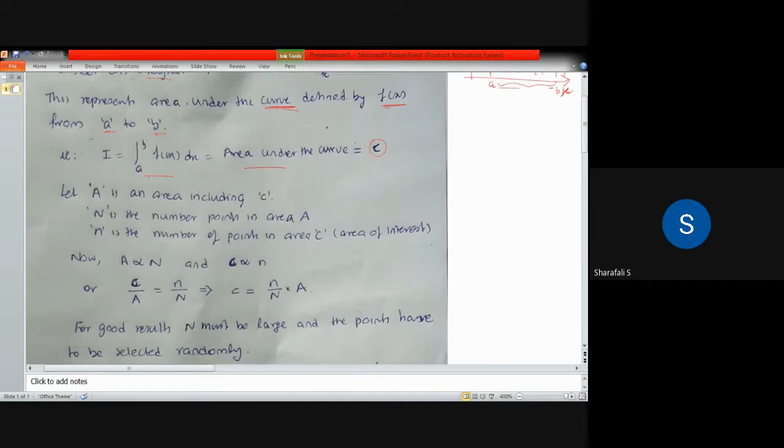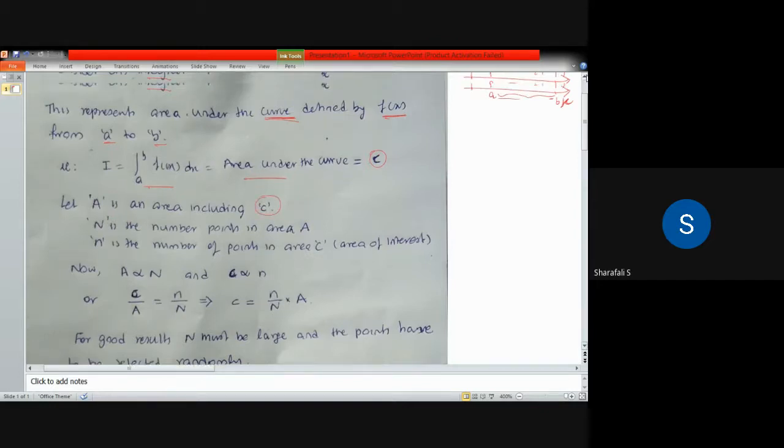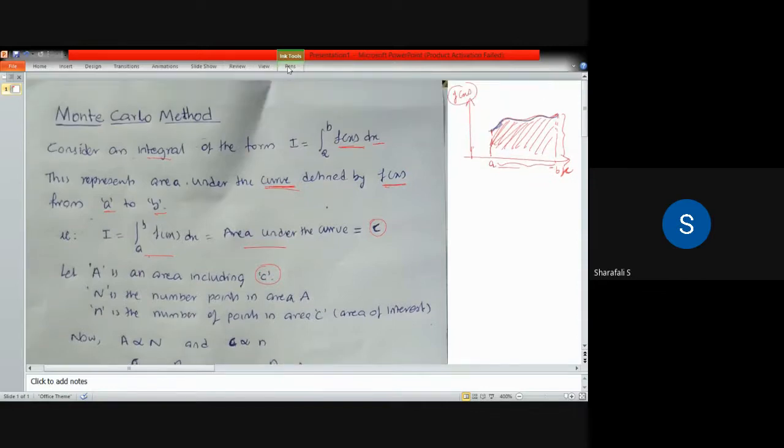Now let us consider A is an area including this C. Let us consider an area which is, let's say, like this. Let us consider another area like this, so it almost touches like this.